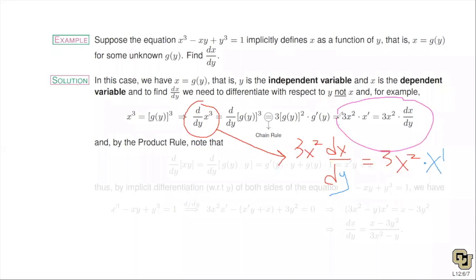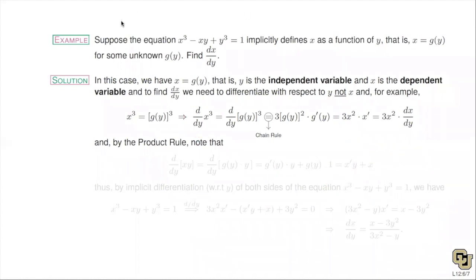The derivative of x cubed with respect to y is 3x squared dx dy. The derivative of x cubed with respect to t, if x were a function of t, is 3x squared times dx dt. So the chain rule is basically always in effect, and we just want to keep track of the variable we're differentiating with respect to. So the other term here that I want to show you is x times y.